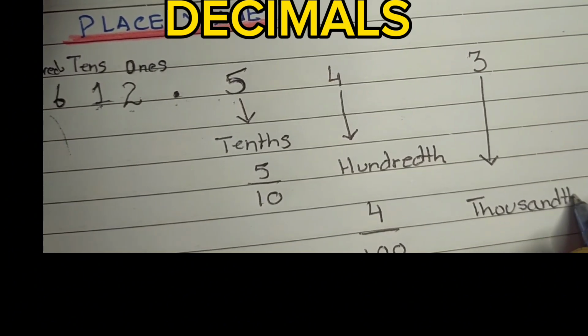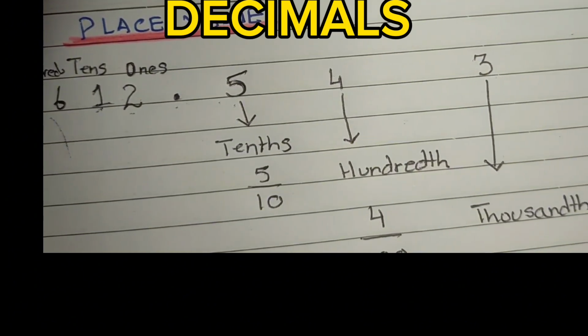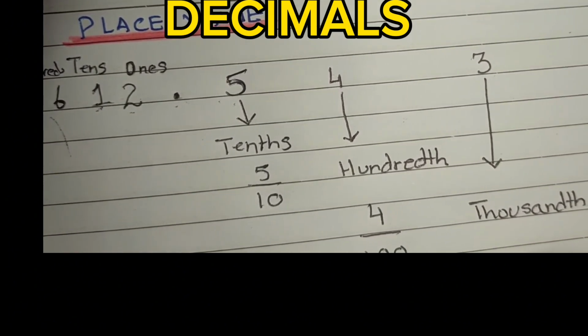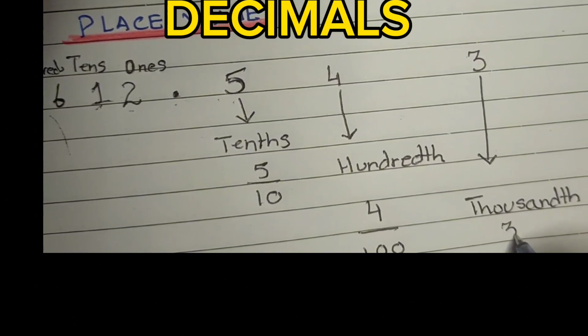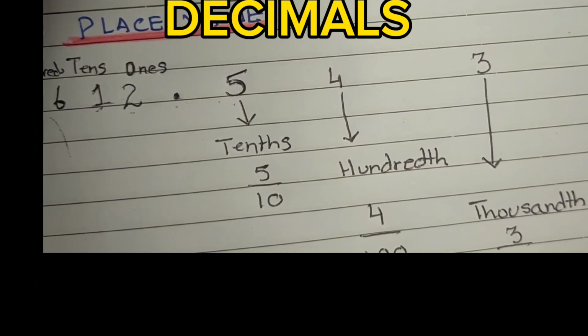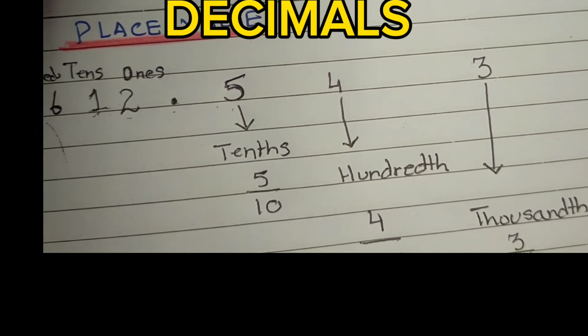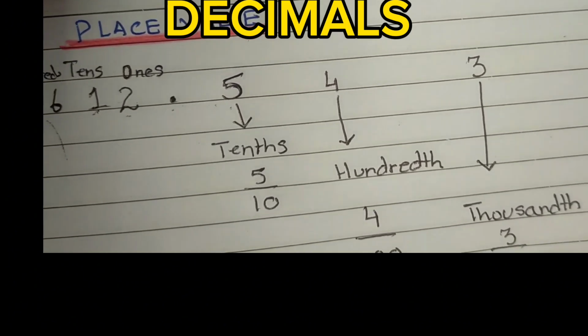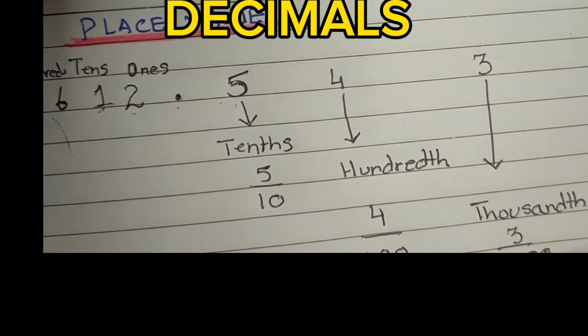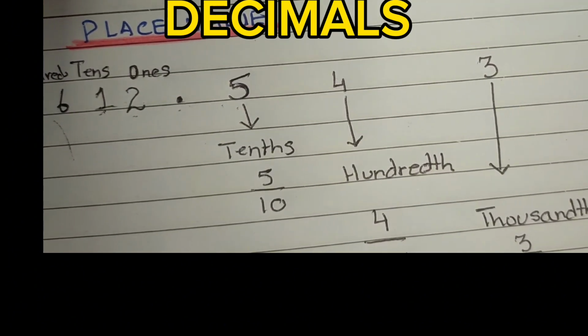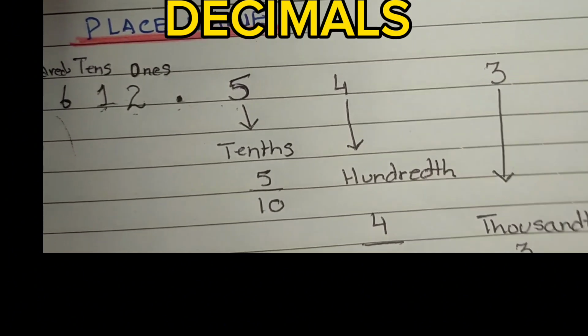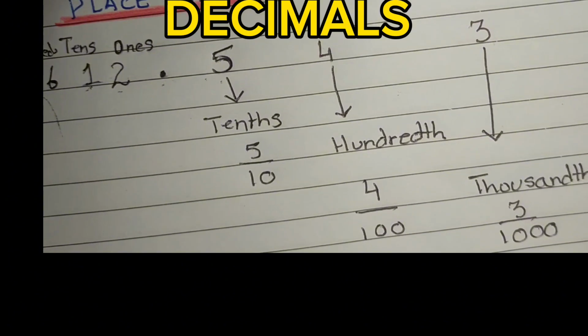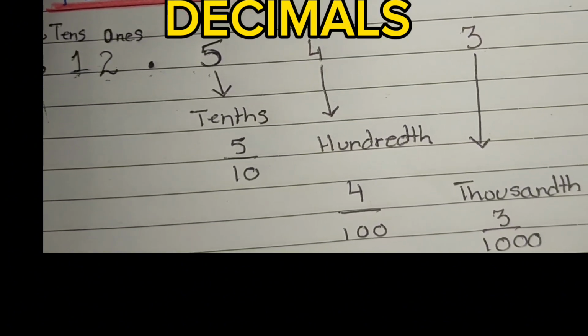It is a thousandth. So how do you write this digit 3 as a thousandth? It will be written as 3/1000. Did you get that? This is how we write it.